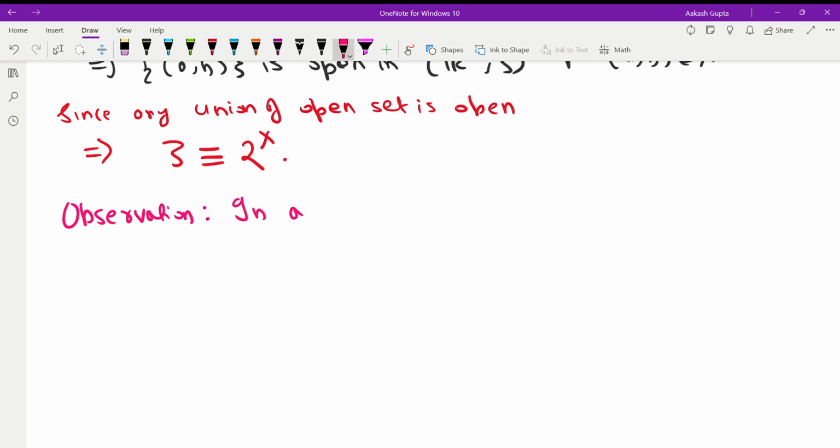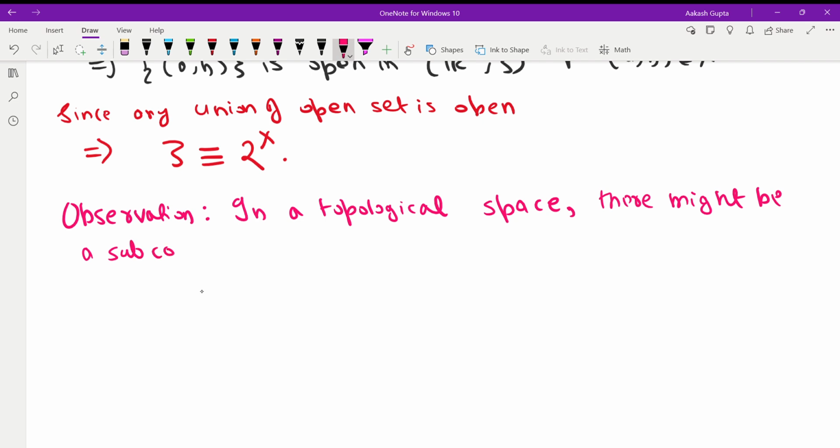In a topological space, there might be a subcollection of open sets which describe the whole topology, right?